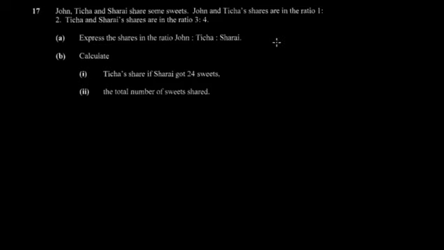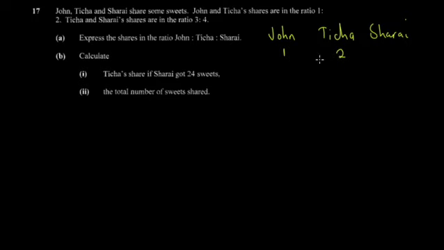Okay, so I'm going to write John here, I'm going to write teacher, and I'm going to write Sharai like this. For John to teacher, it's 1:2 respectively. It means John will be getting 1 and then teacher will be getting 2 like this.